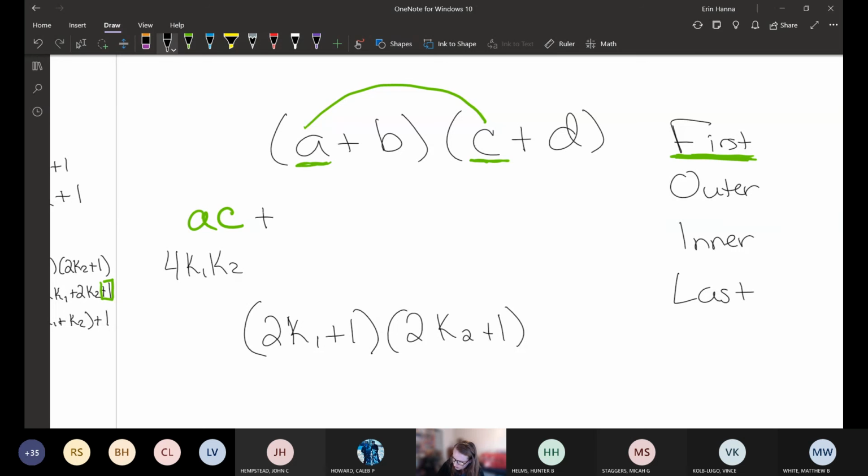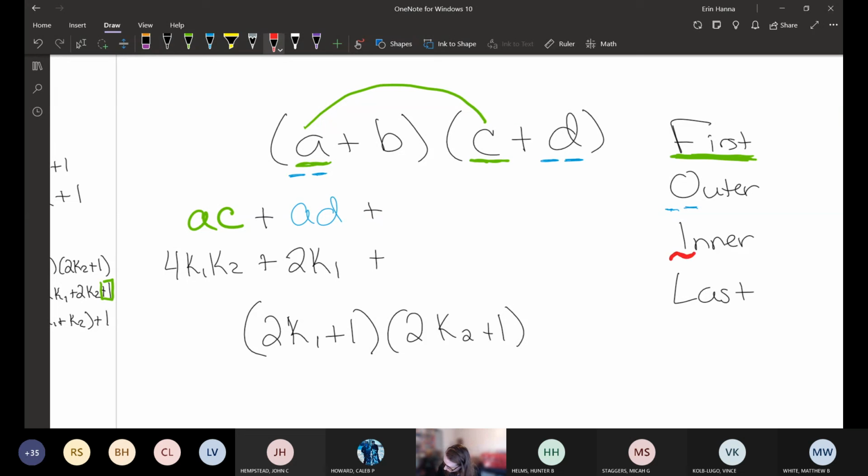And then you take the outer. So we take the outermost values and multiply them together. That's what gave us our 2k sub 1, because 2k sub 1 times 1 is just 2k sub 1.